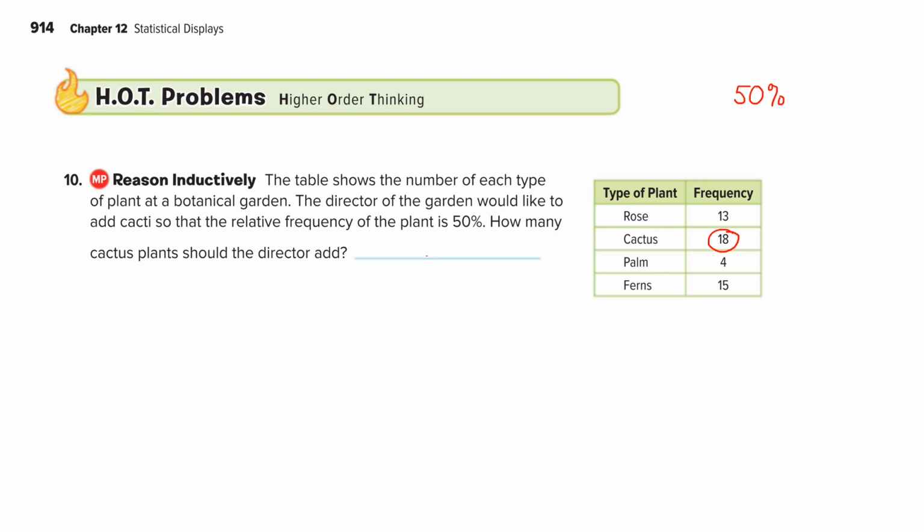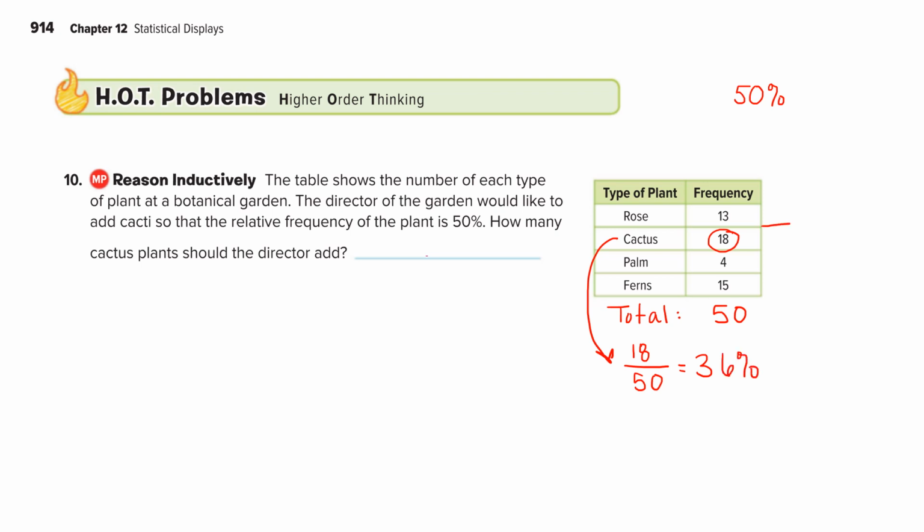We're going to find the total of all of the plants. So we have 13 plus 18 plus 4 plus 15 equals 50. And cactus plants represent 18 out of 50. 18 divided by 50 equals 36% of the plants.